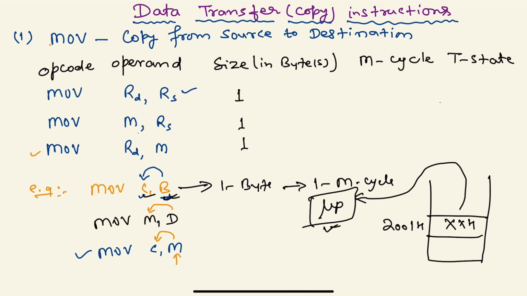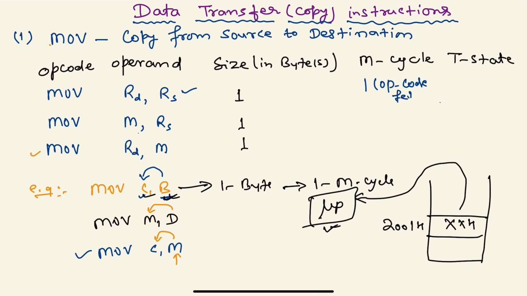So there is no need for further access to memory or an IO device. That is the reason only 1 machine cycle is required, and that machine cycle is called the opcode fetch operation.